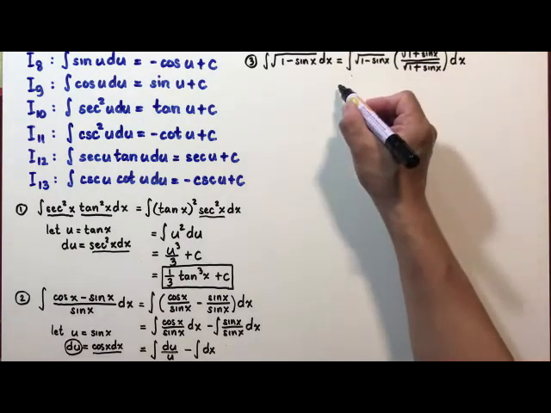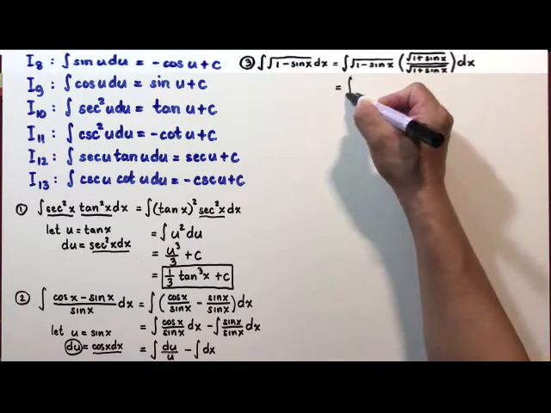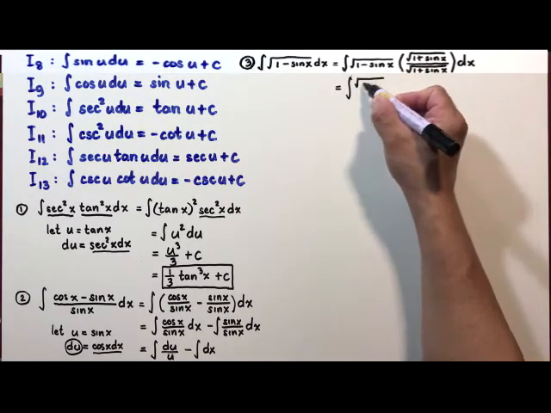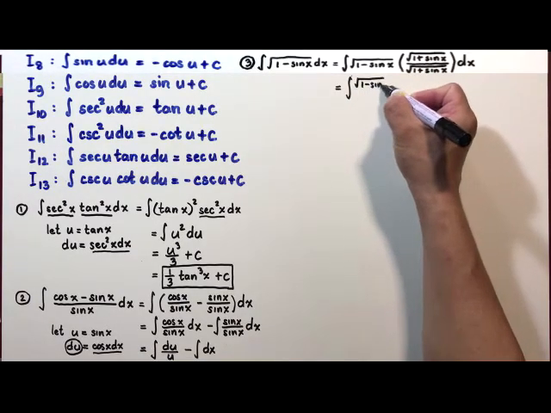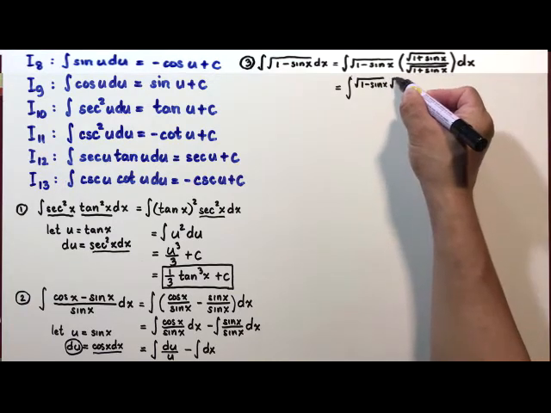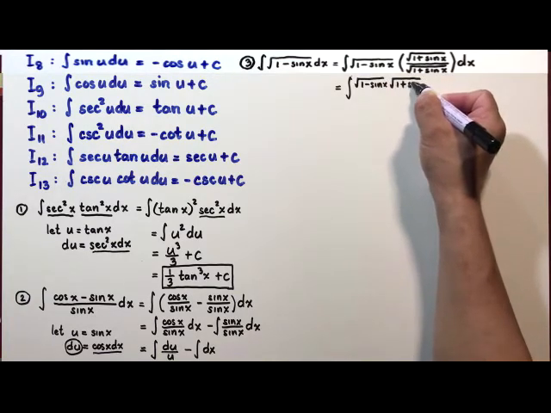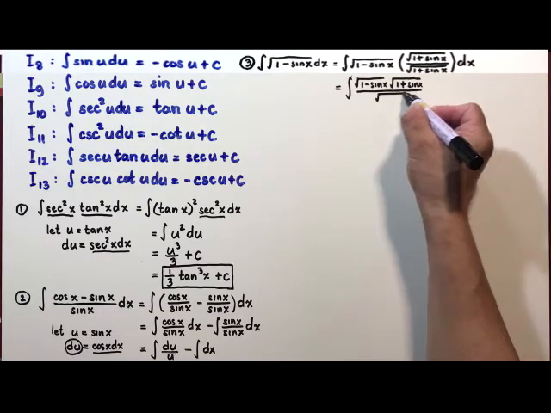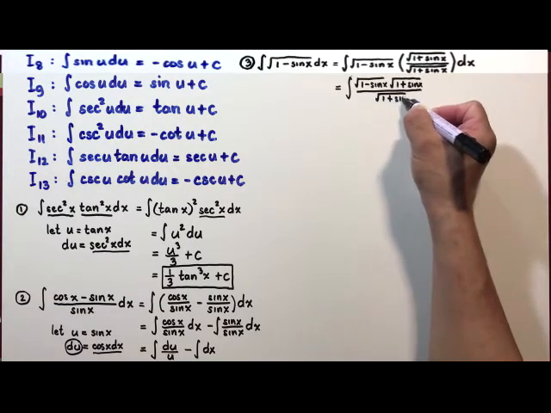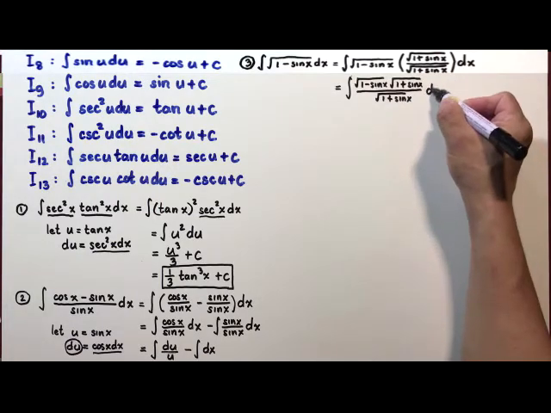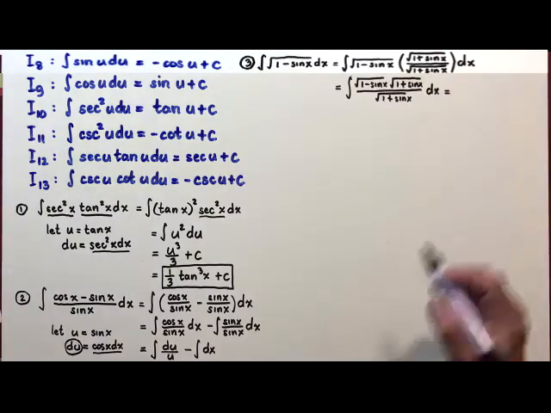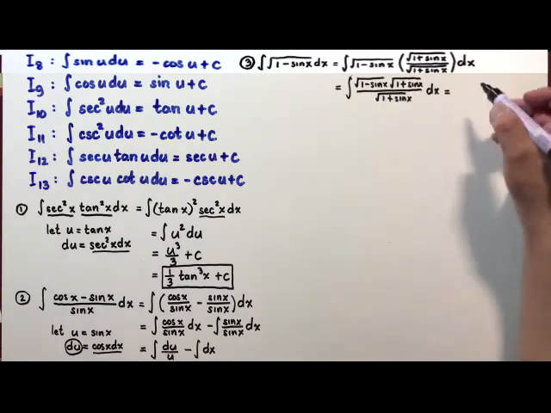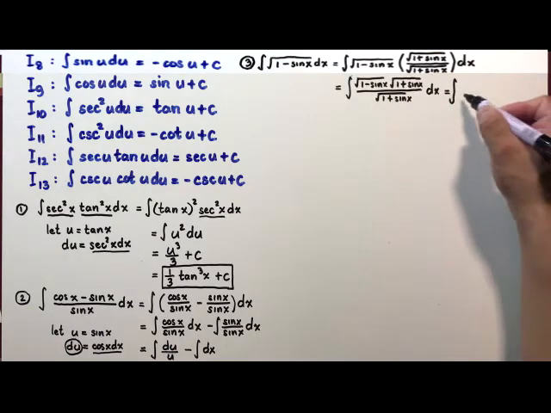So multiplying the two, this is equal to the square root of 1 minus sine x times the square root of 1 plus sine x over the square root of 1 plus sine x. I just joined into one fraction. And you see that we can join the two square roots into one square root here.